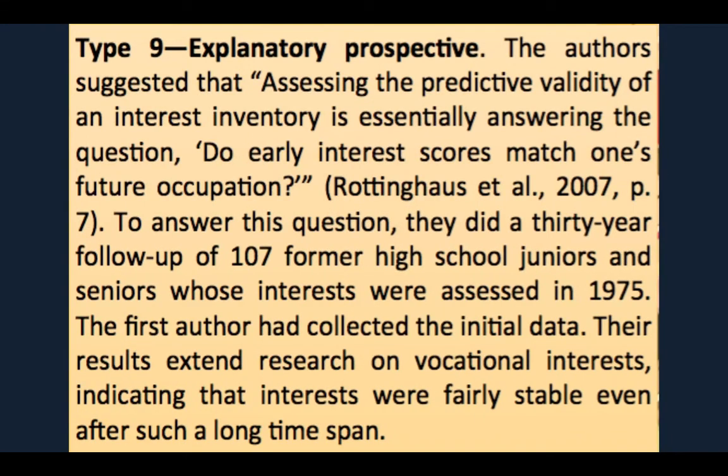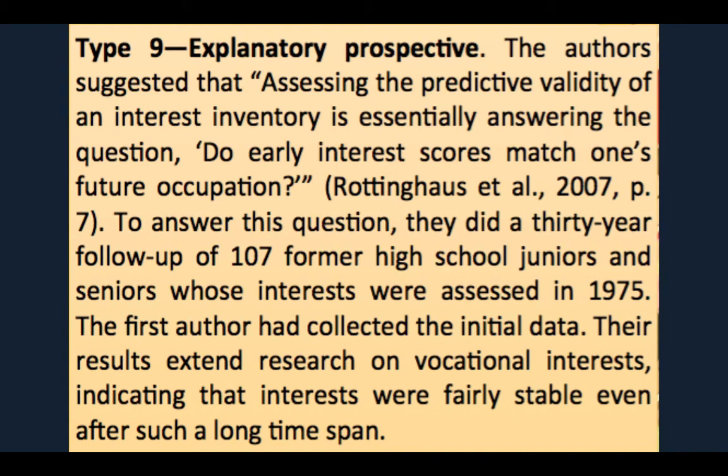And the last one is type 9, the explanatory prospective combination. The authors suggested that assessing the predictive validity of an interest inventory is essentially answering the question: do early interest scores match one's future occupation?